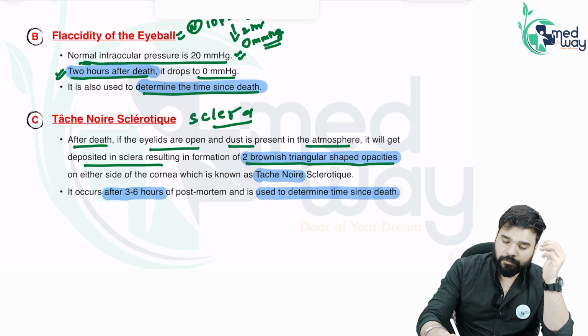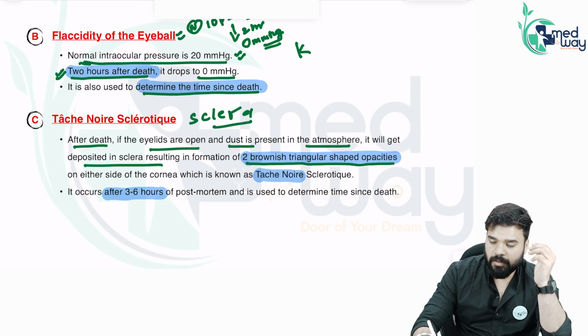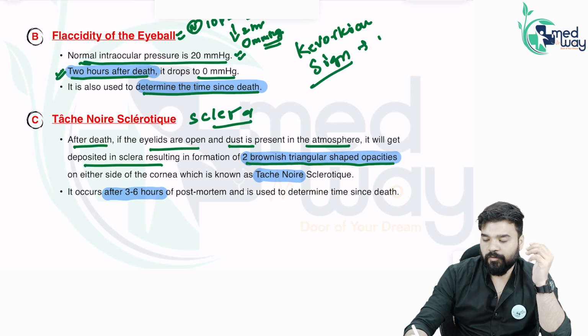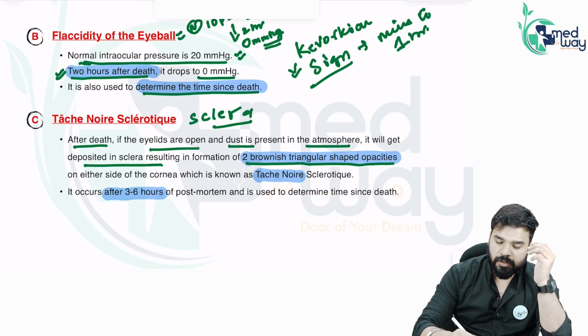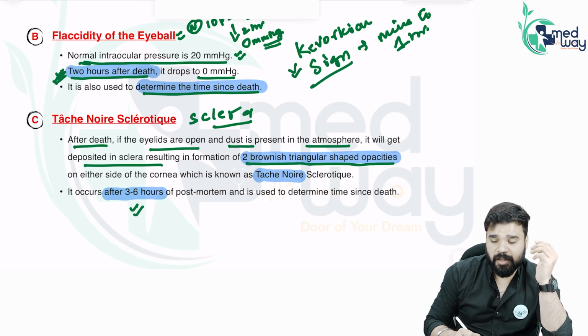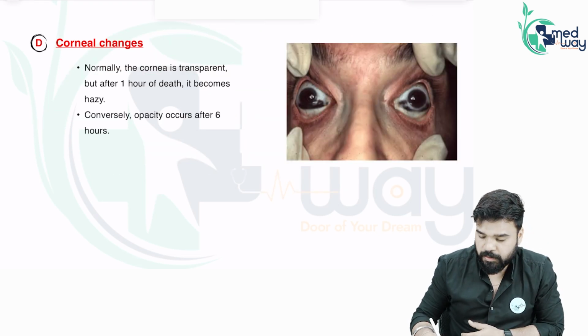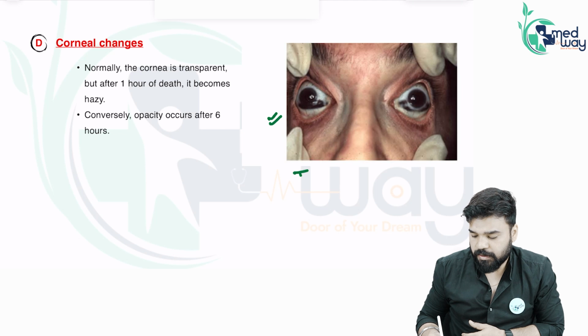Till here we have seen Kevorkian sign, which was a few minutes to 1 hour. Then flaccidity, which was 2 hours after death. Then tache noire, which occurs 3 to 6 hours after death. See this photograph.